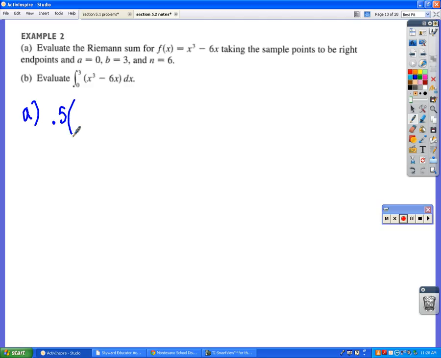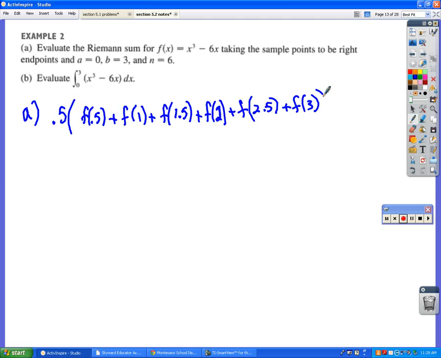So my right-hand endpoint, the first one will be 0.5, so I would figure out what f of 0.5 is, plus, what will my next one be? f of 1 plus f of 1.5 plus f of 2, all the way to 3, plus f of 2.5 plus f of 3. And then I would figure out what that is, and then I could do that from there. And it is the number of rectangles, yeah.